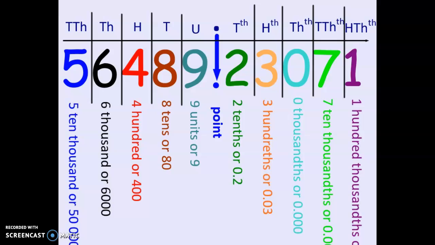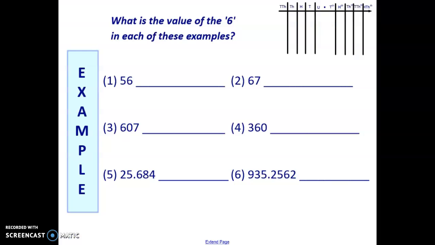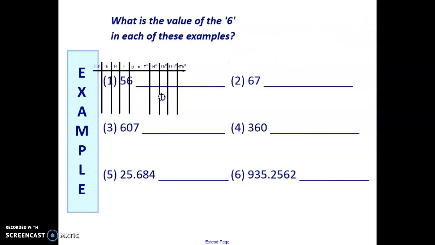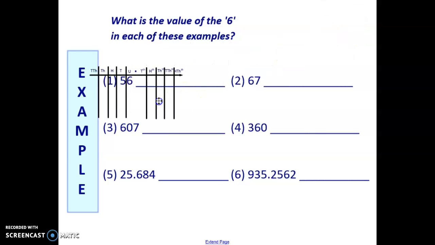So let's look at some slightly simpler examples now we've looked at all the different possibilities with those 10 different digits. Here I have 6 numbers and the question for each one is what is the value of the 6 in the example. So here I have the number 56. If I take my place value chart and rather sneakily place it over the top, the decimal point always goes at the end of the whole number.